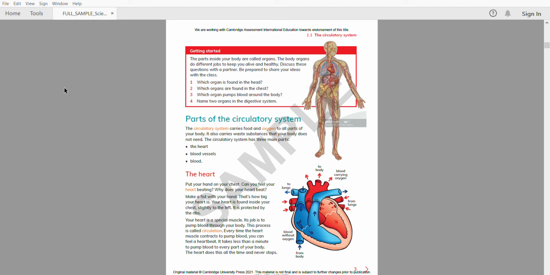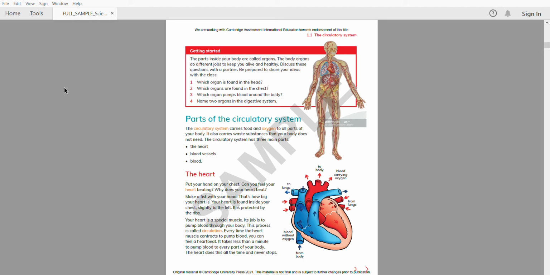I will give you just a few seconds to look at the movement of the arrows. The arrows represent how the blood enters the heart from the body, and how this blood flows to the lungs so that it will be cleaned and receive oxygen.